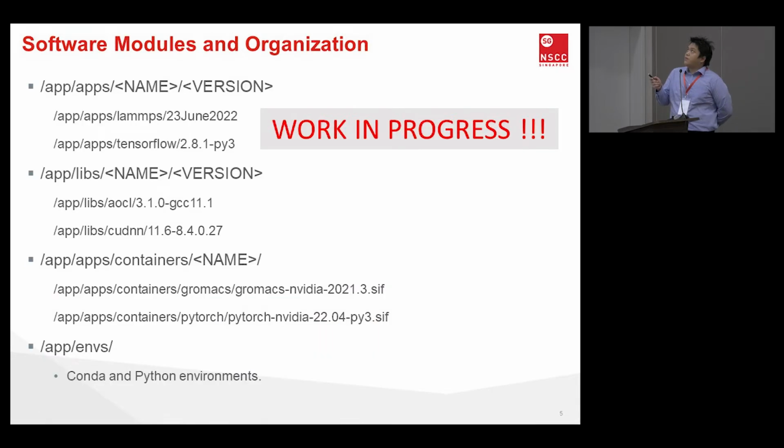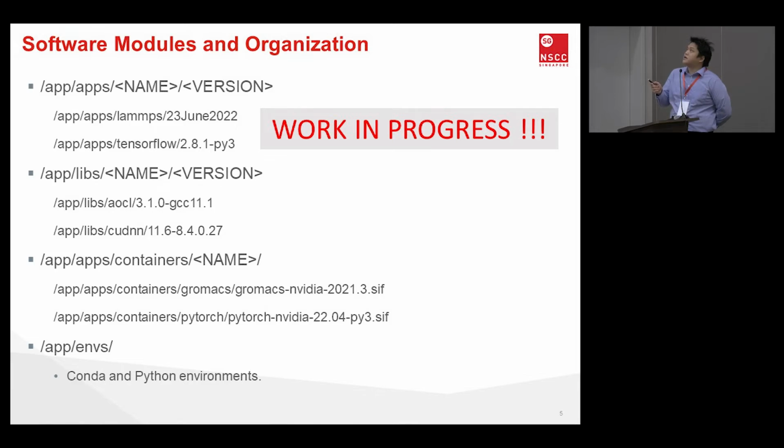So our software modules and organization will be in a simple-to-understand format structure. So it's just /app/apps/lammps/23rd June 2022. So this will be the format when you do the module load. Let's say module load lammps.